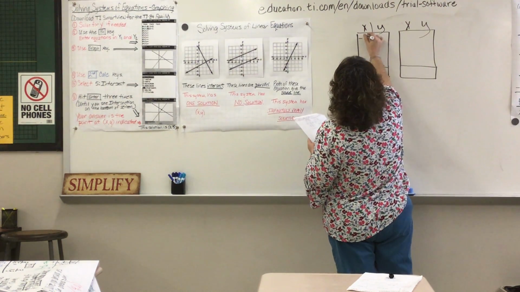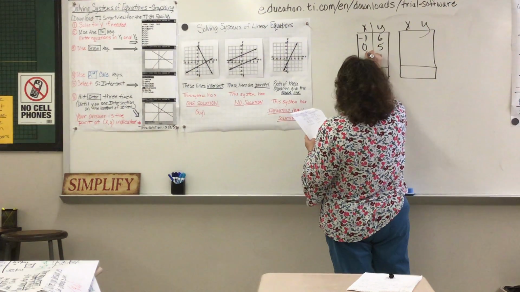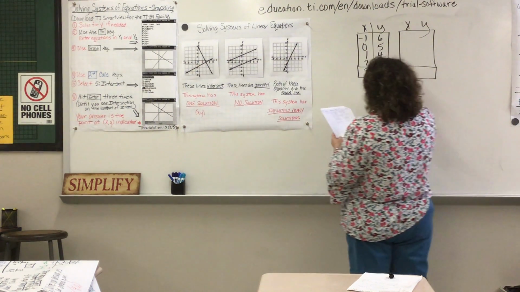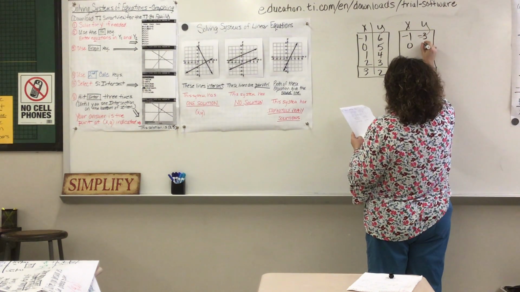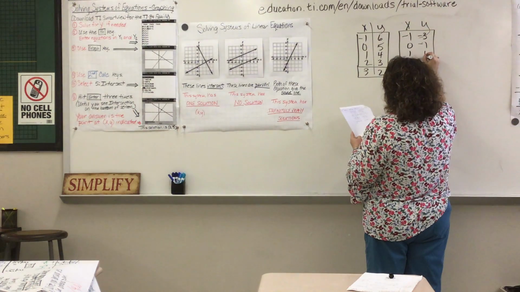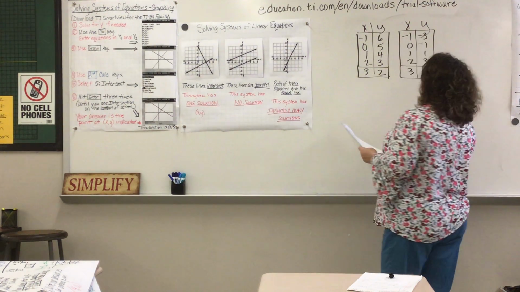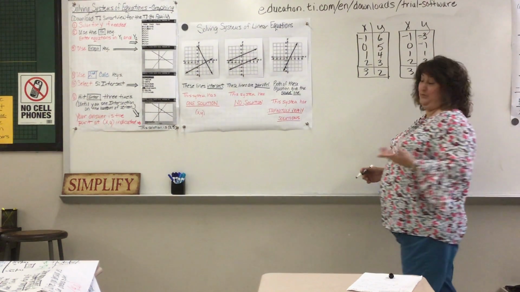Let's see, I have negative 1 and 6, 0 and 5, 1 and 4, 2 and 3, 3 and 2, negative 1, negative 3, 0, negative 1, 1, 1, 2 and 3, and 3 and 5. Okay, so now instead of a graph, it's giving me a couple of tables.